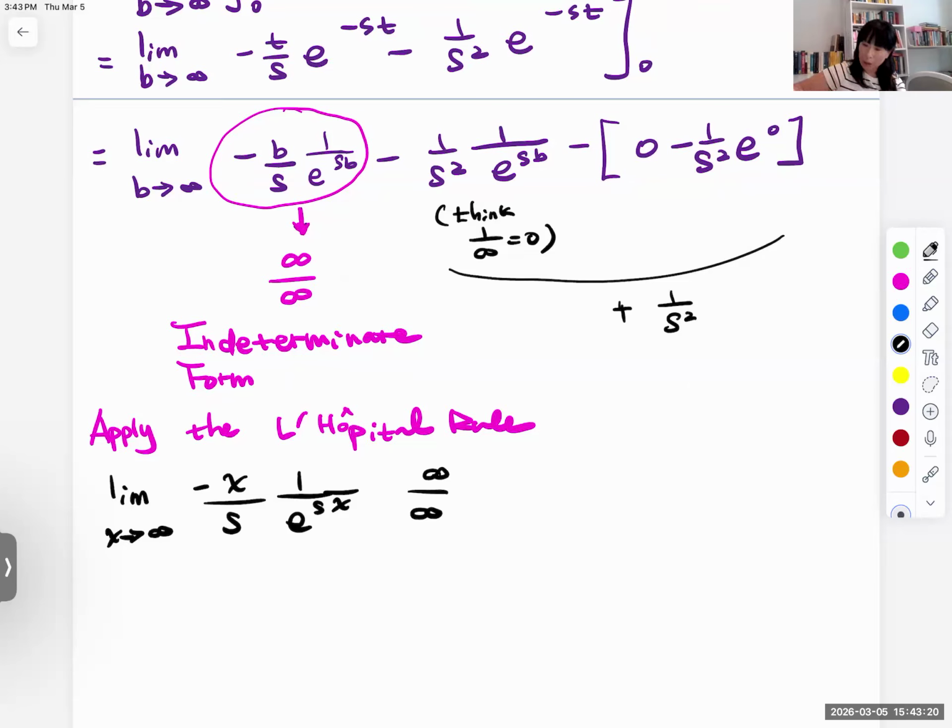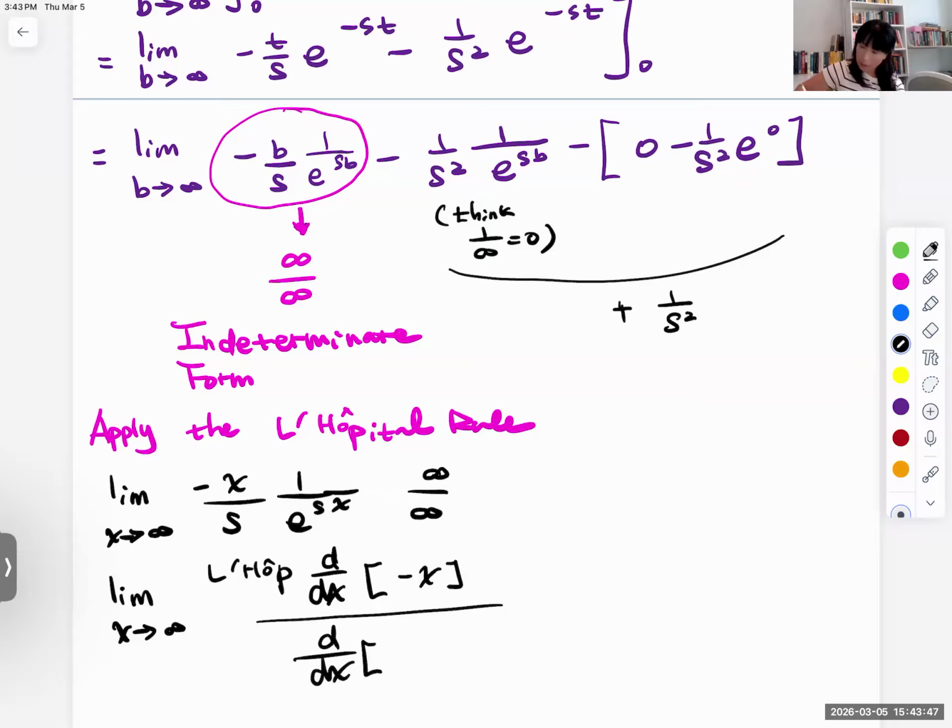The limit as x approaches positive infinity of negative x over s e to the sx.